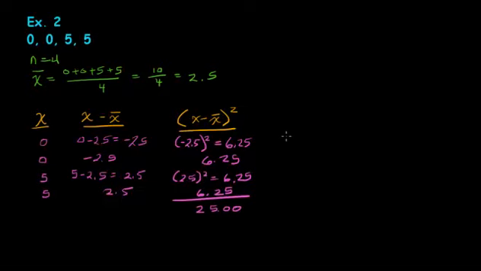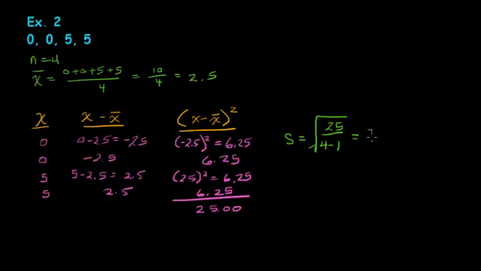So our standard deviation is equal to the sum, add them all up, of the x minus x bar squared, that's 25, over n, which is 4, minus 1, and then the square root.